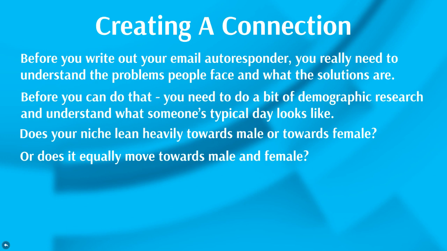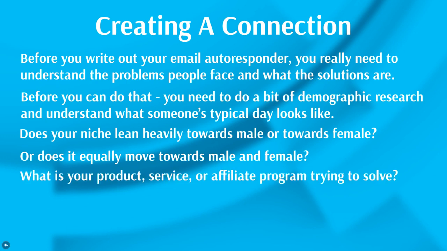But even at 75%, you're moving towards that 50% so that it's both male and female. But if it's heavily towards males or heavily towards females, 80% or 90% or above, then you want to jot that down. The next question is, what is your product or service or affiliate program trying to solve?